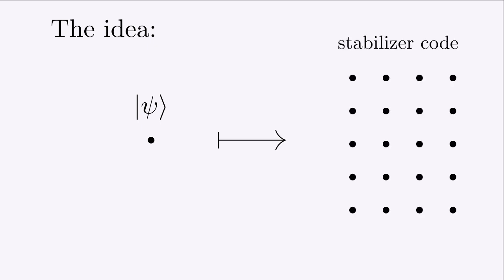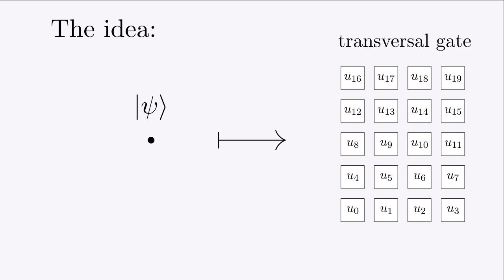One of the best ideas for protecting quantum states is to use a stabilizer code. For example, encoding a single qubit into a tensor product of qubits. Then over in the stabilizer code, we measure stabilizers and perform error correction to protect our quantum state. For manipulation of the encoded state, we can look for transversal gates.